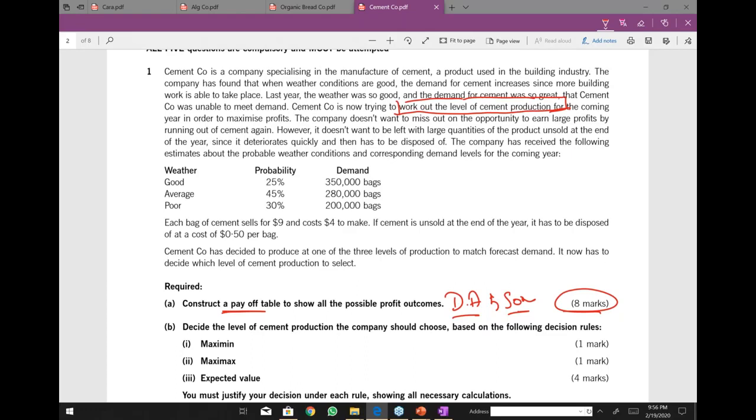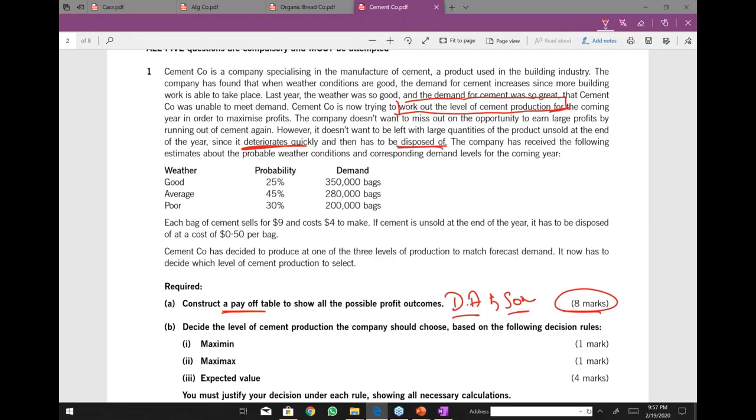However, it does not want to be left with large quantities of the product unsold at the end of the year as well, since it deteriorates quickly and then has to be disposed of. On the other hand, neither do we want to produce so much and not be able to sell because of lower demand. Because if we have produced more and demand is less, we will be left with the cement, and it deteriorates quickly and has to be disposed of.